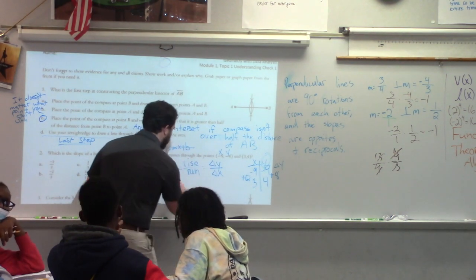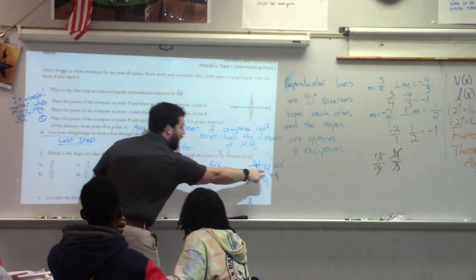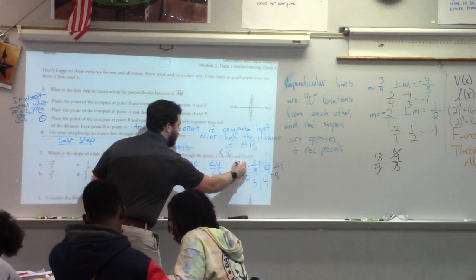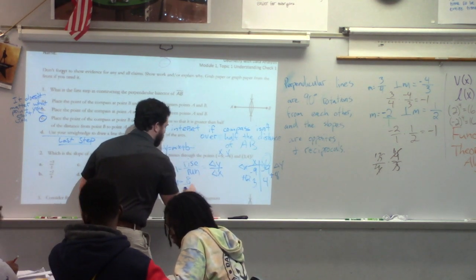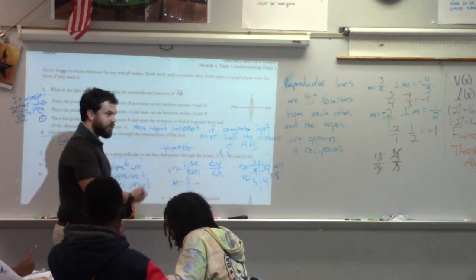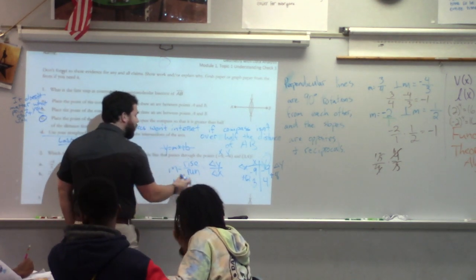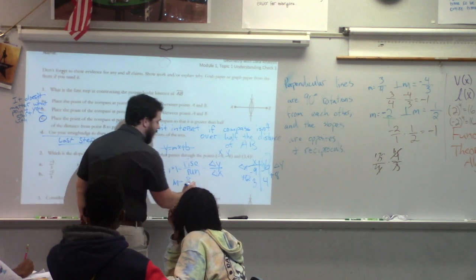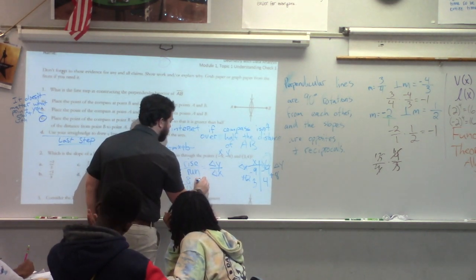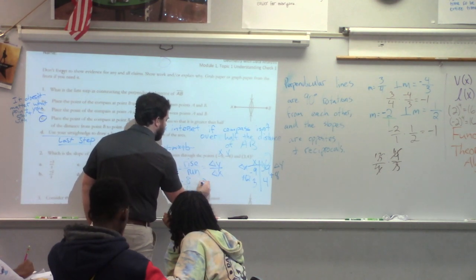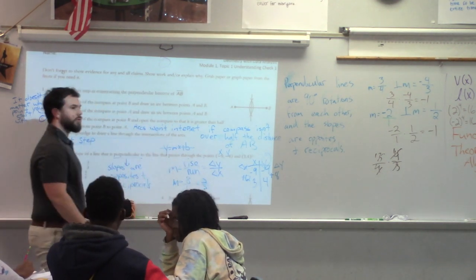So my slope, change in y is 8, change in x is 12, which if you graph this, you would get this as well. And you could simplify it, or you could just leave it there. I don't really care. If you simplify, you get 2/3.